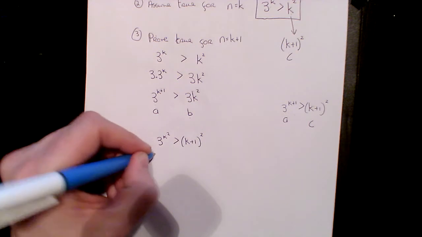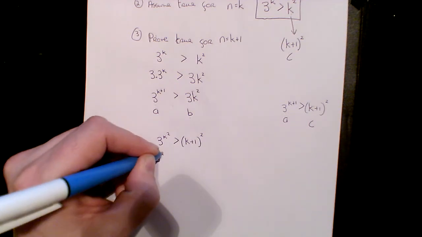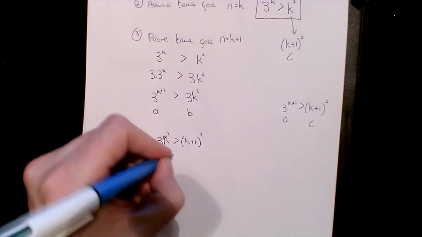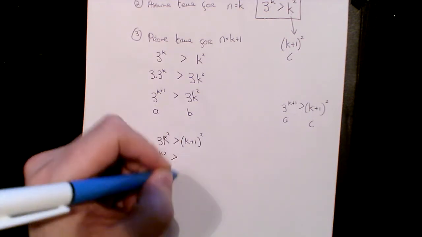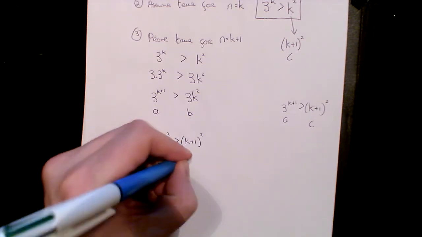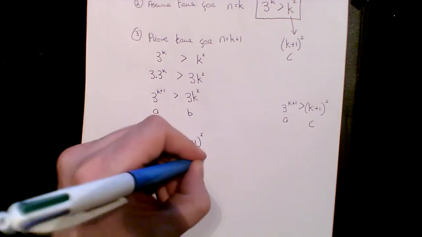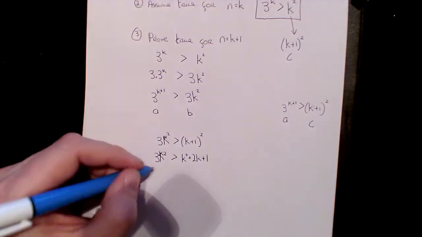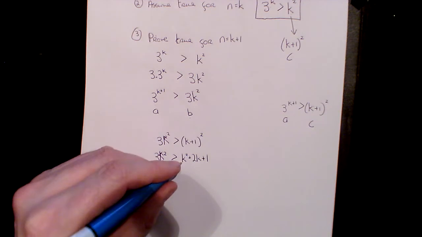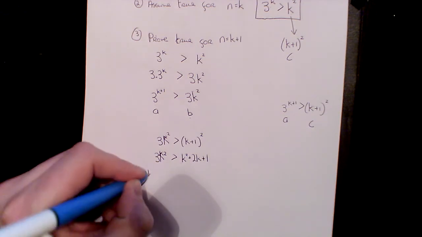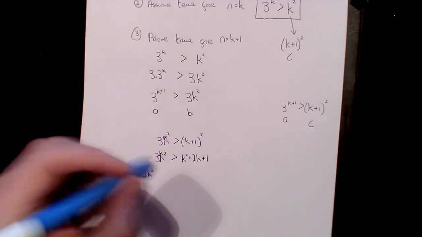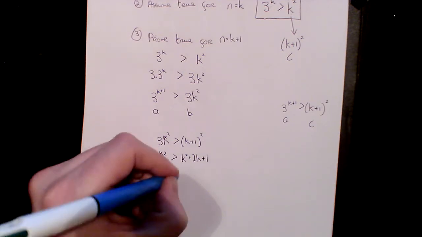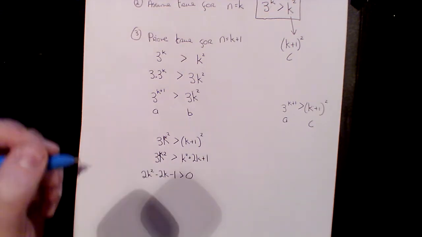Okay, so here we go. 3k squared is greater or equal to, well, (k+1) squared is k squared plus 2k plus 1. Okay, bring it all over to one side and we get 3k squared minus k squared is 2k squared. If we bring that over, it'll be minus 2k, and if we bring that over, it'll be minus 1, and that is greater or equal to 0.